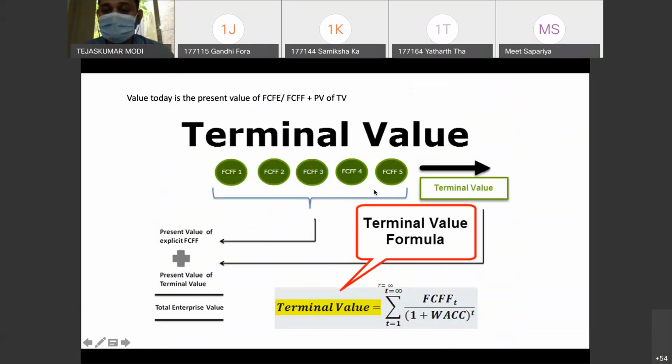Right? So then let us talk about terminal value. We say that the value of equity today is the present value of expected cash flow to the equity shareholders. And we can calculate that using the FCFF approach or the FCFE approach.